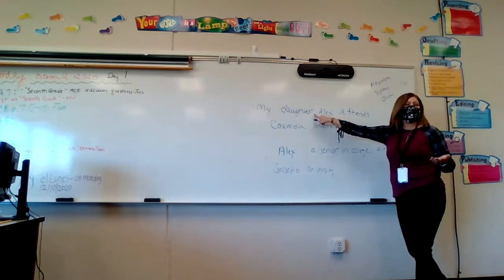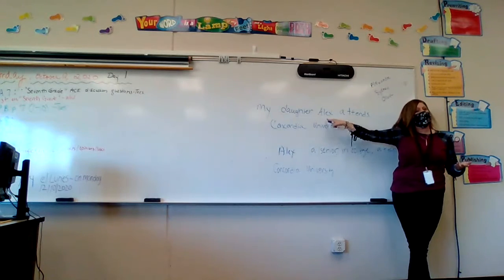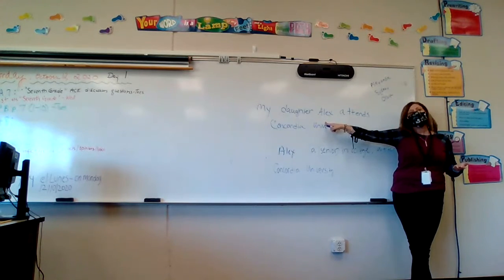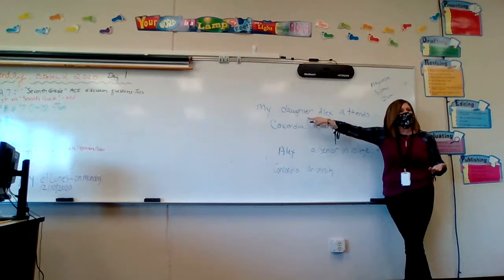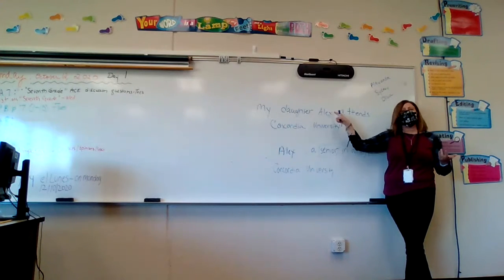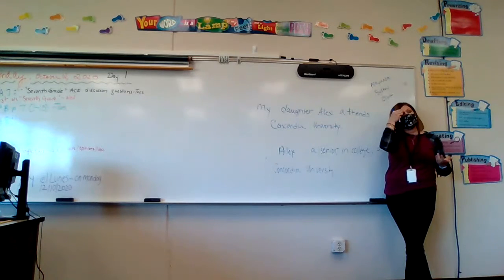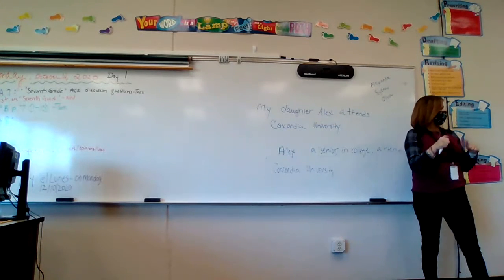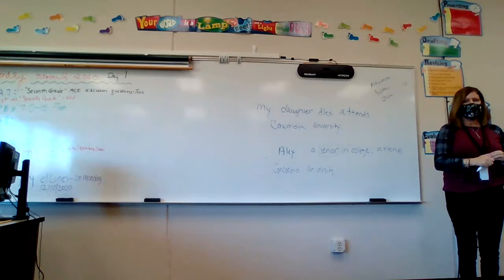So because you need this name in the sentence to know who I'm talking about, which daughter, that's restrictive. It has to be there so you know which one. So you do not put commas around it. It's restrictive to the sentence. It has to be there. Okay?